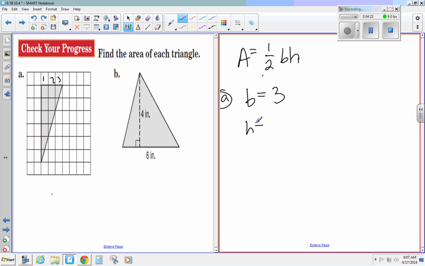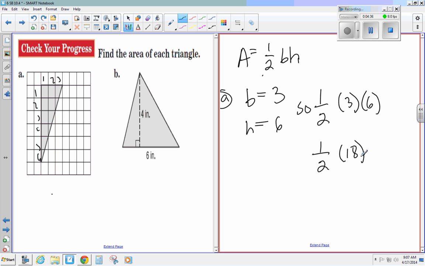My height is 6. So half of 3 times 6, that's half of 18, which is 9 units squared.